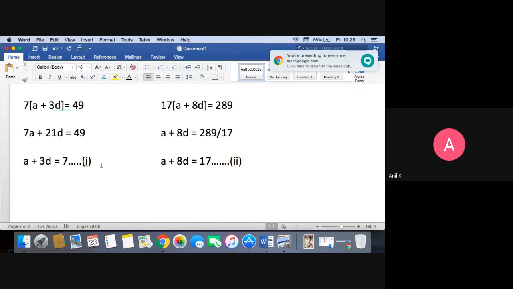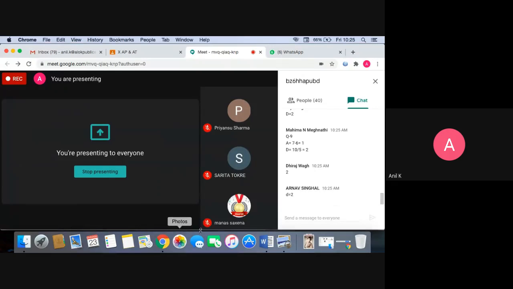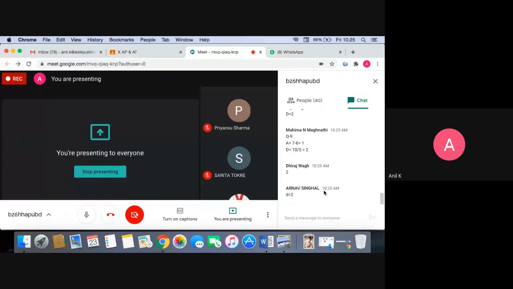It is very easy. Ready? D is 2. A is 1, and D is 2.